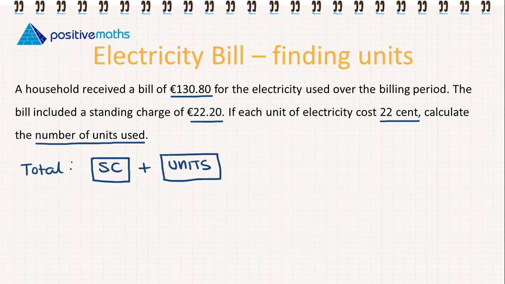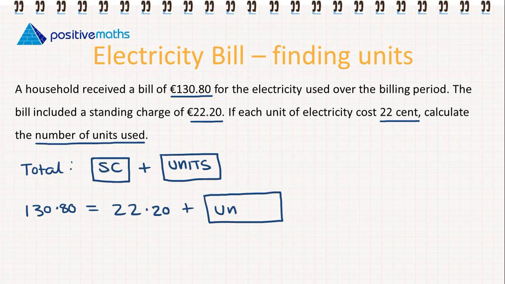So we're going to treat this like an equation. We know what the total is. So the total is 130.80. This is equal to our standing charge, which is $22.20, plus whatever we paid for our units, which we don't know yet.